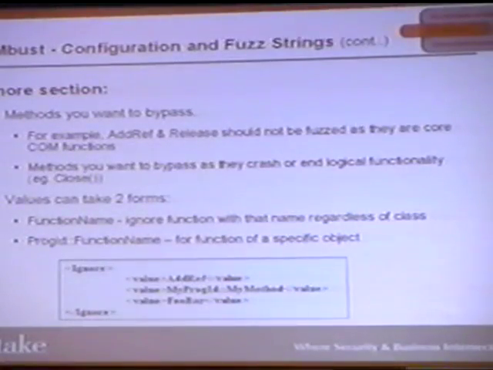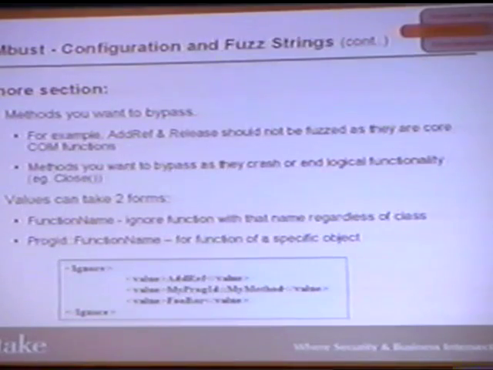The ignore section, that's the third section of the XML file. Some methods are COM framework methods. AddRef and Release, for example, are methods you don't want to call first, because otherwise the COM object just goes away.